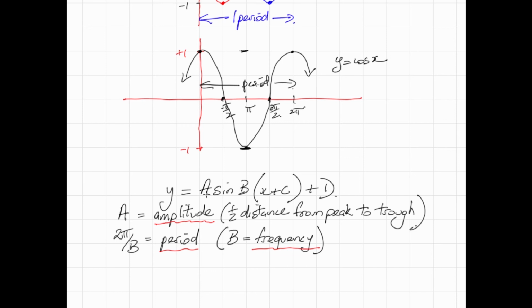So we've talked about the a and the b. This has to be just x by itself. c is the horizontal shift.